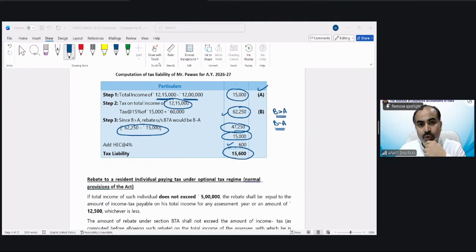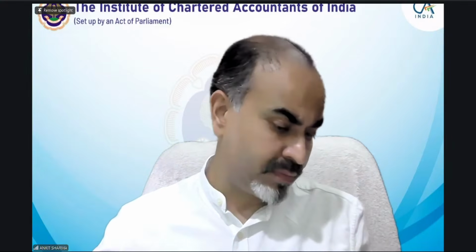Pintu Sony wants to ask something. Let me see. Understood. Vishal Arora, yes, Vishal. Sir, in the question you explained, the rebate would be 17,500 when B minus A, and you have written 7,500. Yes, correct, 17,500.